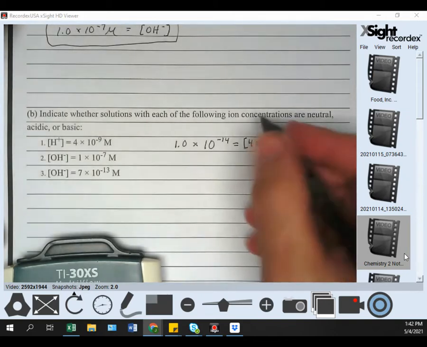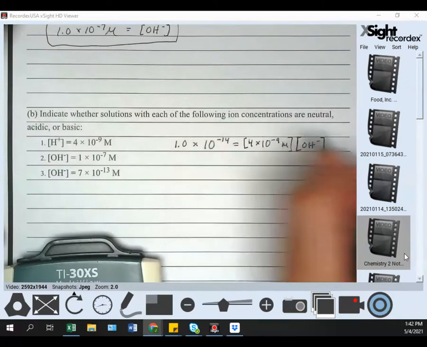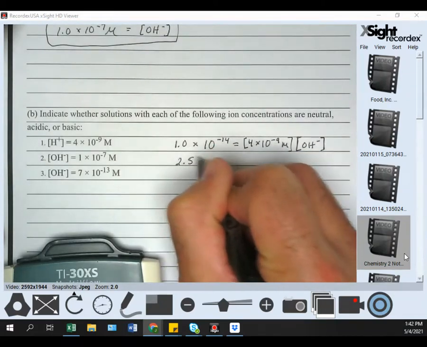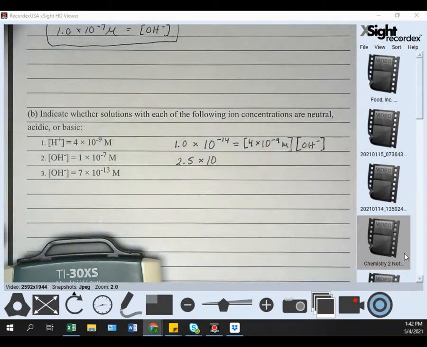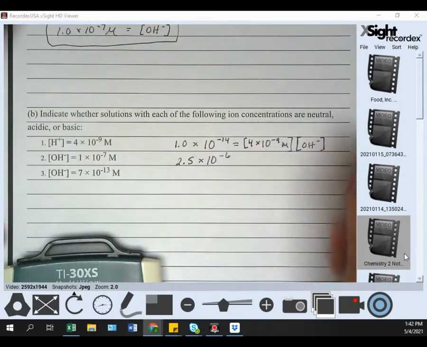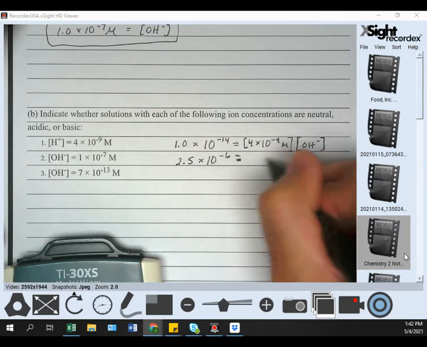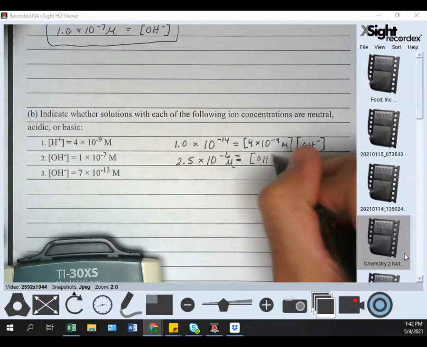So this comes out to be, God, mental math, 2.5 times 10 to the negative 6, equals, that's molarity, OH negative.